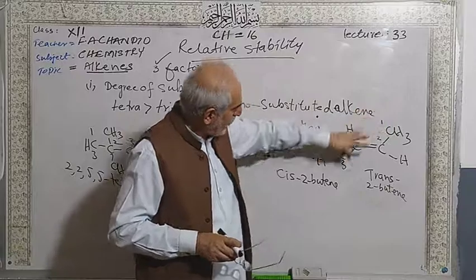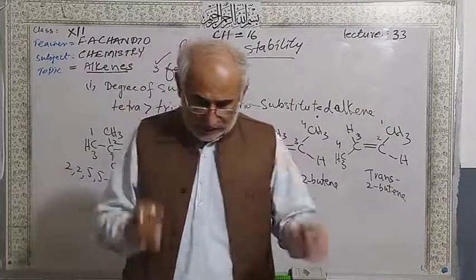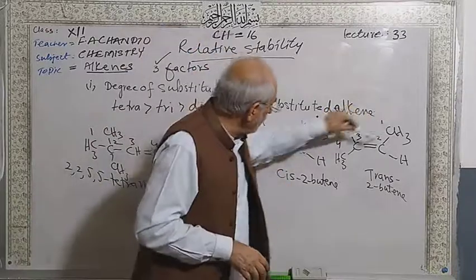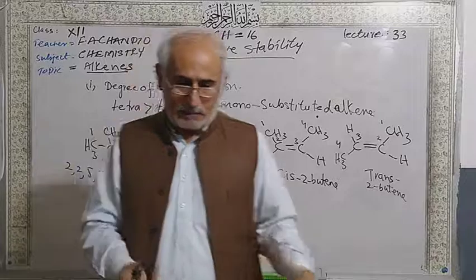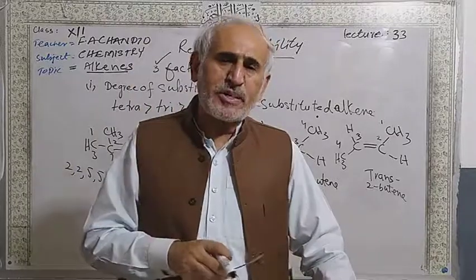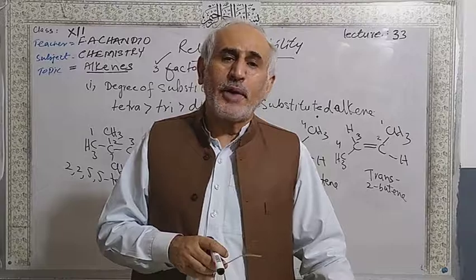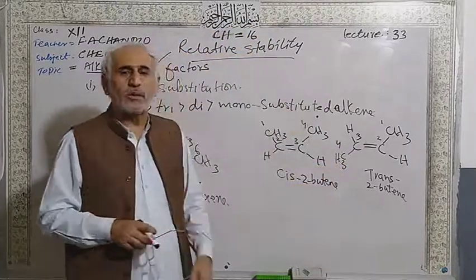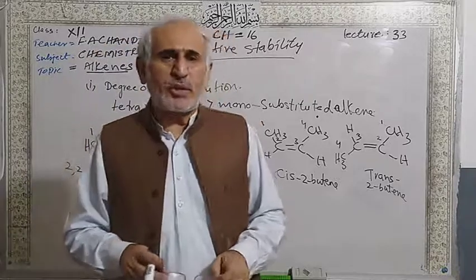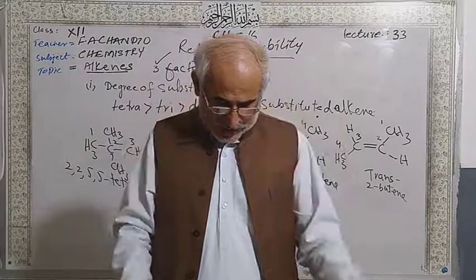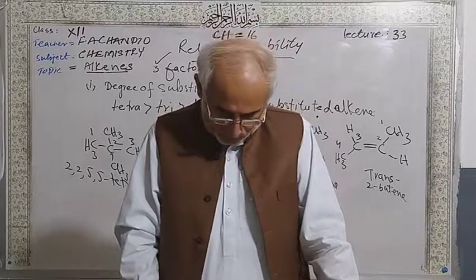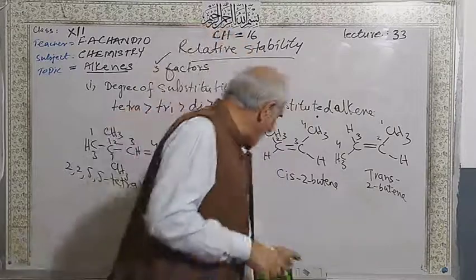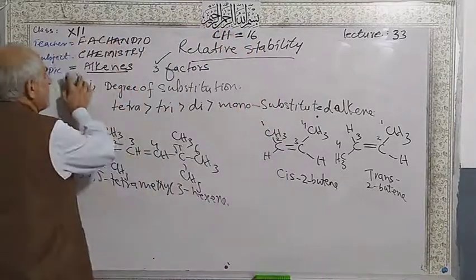Trans, opposite side, reduces steric interactions when alkyl groups are attached on the opposite side of the double bond, not the same side of the double bond. So due to this reason, trans alkenes are more stable than cis.